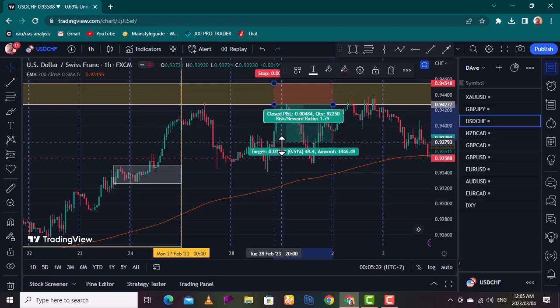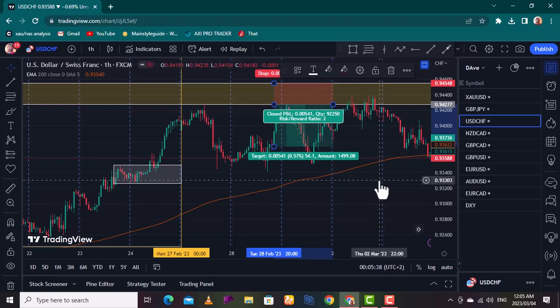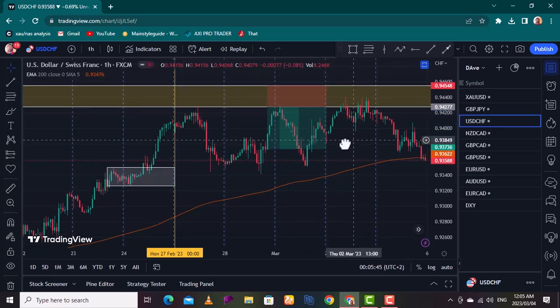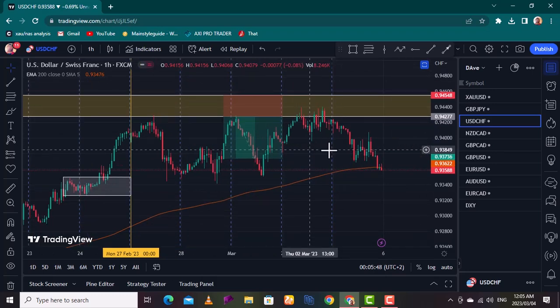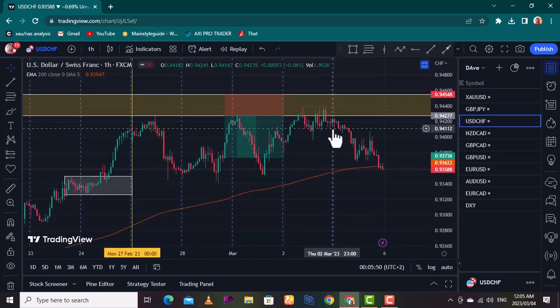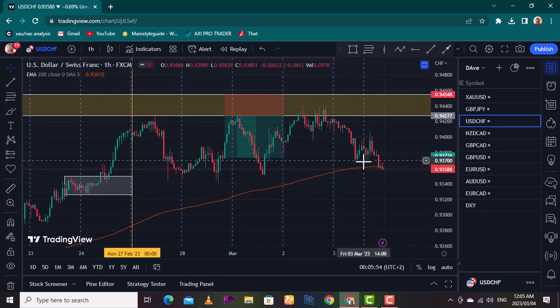So this was the break-even trade on Tuesday, and we can see that no, this was the break-even trade on Thursday. Sorry, we traded USD CHF on Tuesday as well. We also took it on Tuesday, so I got confused. We can see today on Friday that price actually did go in my direction, but I don't have any guilt.